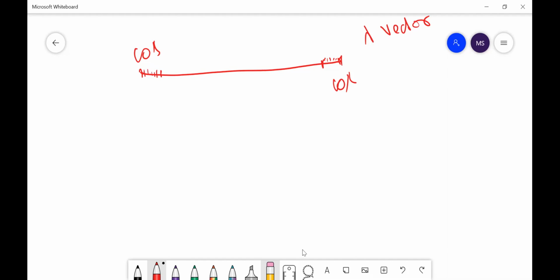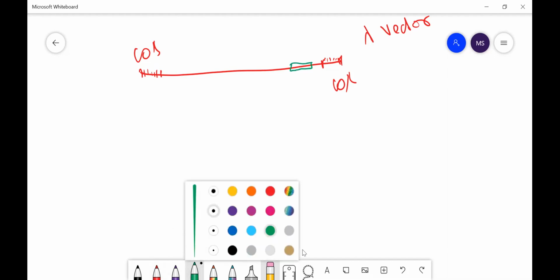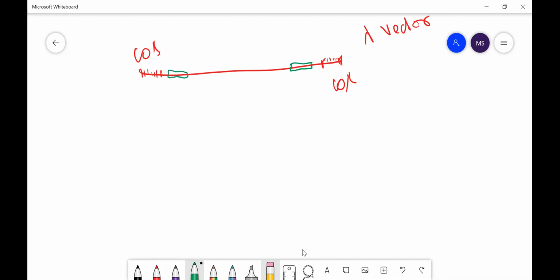Then there is some other region. Suppose there is a region which codes for some other essential protein which is required, suppose the capsid protein for making the outer protein coat of the lambda vector. Then suppose there is some selectable marker. And there is some gene from here to here. This is non-essential.